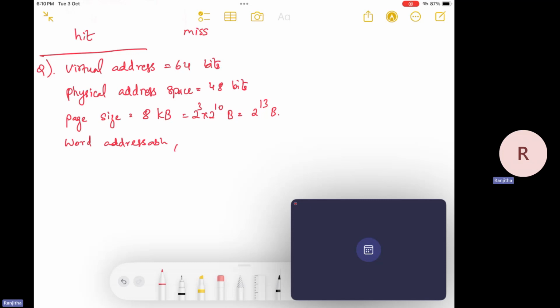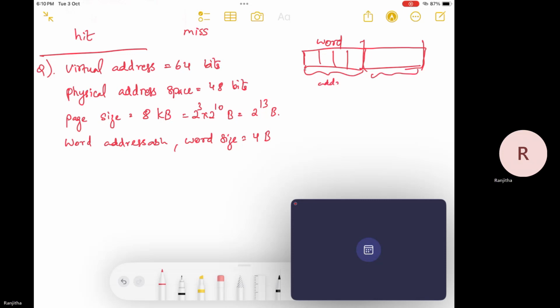So in this question, each word is 4 bytes. So these 4 bytes make one word, and this will be addressed as address 1, and the other word, word 2, will be address 2.